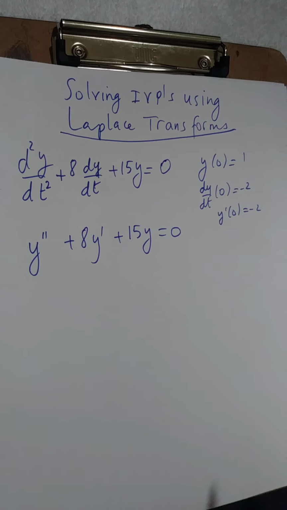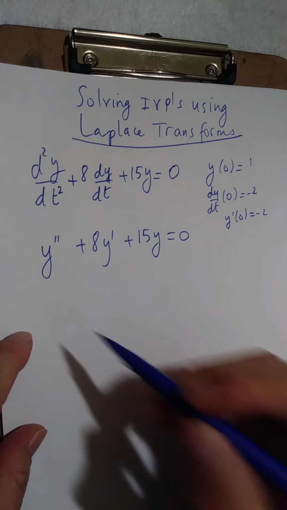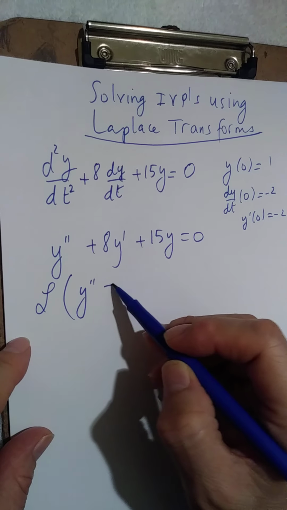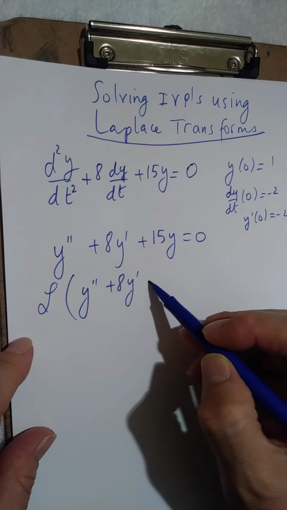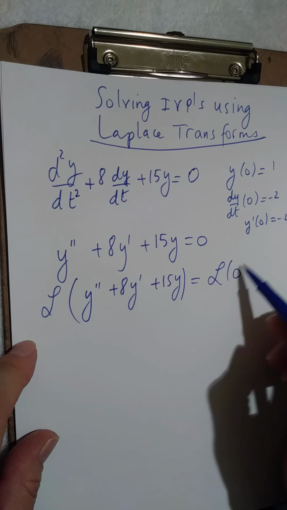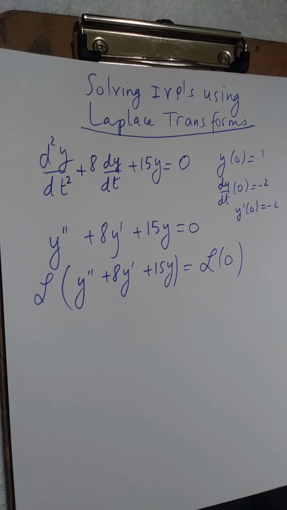What we need to do is transform the entire equation. So transform this whole thing. Y double prime plus 8y prime plus 15y equals transform of 0. Alright. The right side doesn't have to be 0.